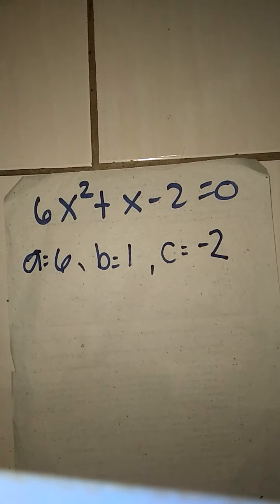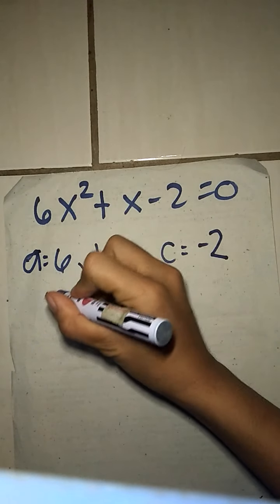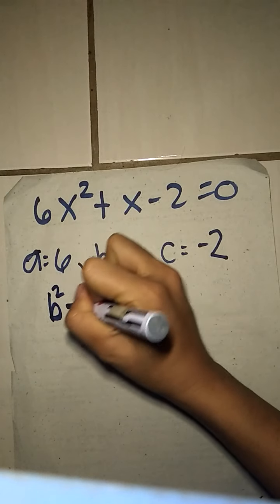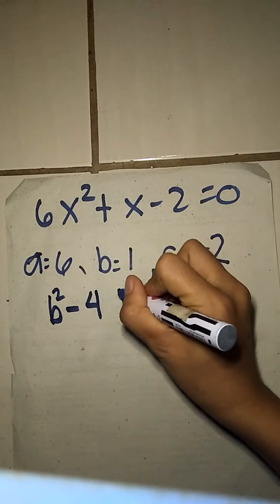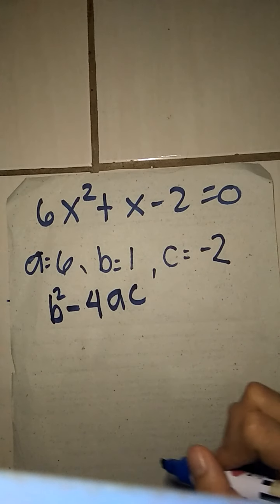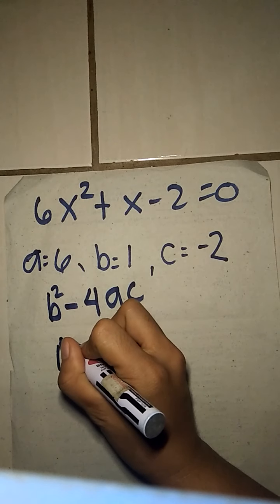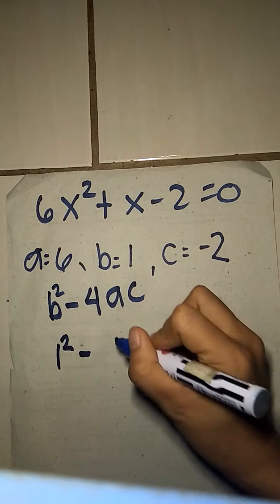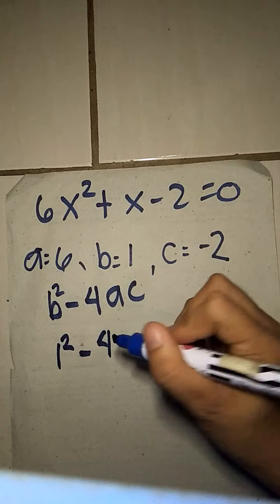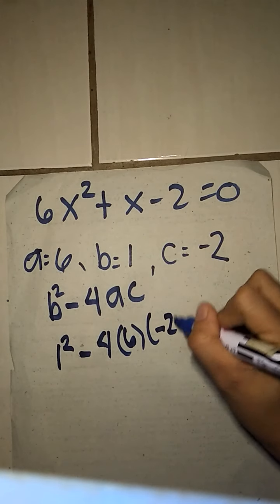Then, the formula for the discriminant, we have b squared minus 4ac, right? Okay. Then, next, we are going to substitute. What is our b? We have 1, right? So, 1 squared minus 4. Our a is 6, and our c is negative 2.